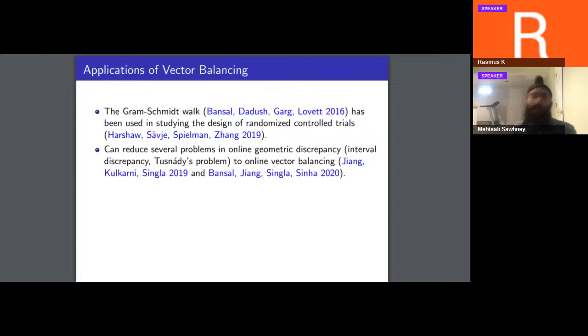This connection to online vector balancing was developed in works by Jiang, Kulkarni, Singla, and Bansal, Jiang, Singla, Sinha. Next.